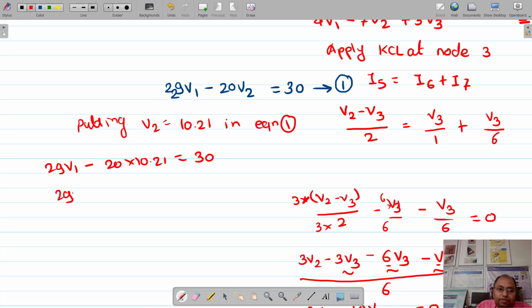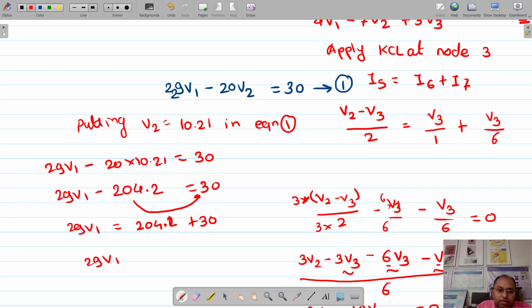So 29 v1 minus 20 into 10.21 is coming as minus 204.2 is equals to 30. Now let us transfer this to the right hand side. So 29 v1 is equals to 204.2 plus 30.